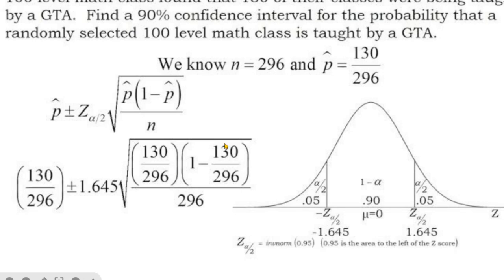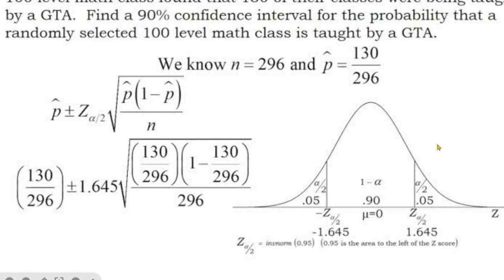Then times the probability of success, which is 130 out of 296, times 1 minus that probability of success, divided by the square root of n. Then you get the confidence interval, meaning after calculating, we say plus or minus. So it is either above or below.